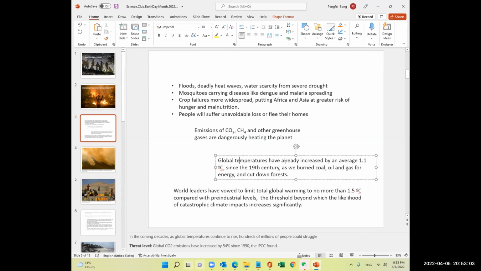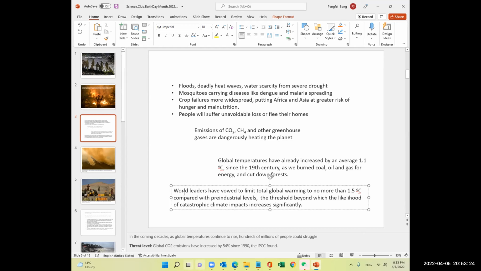So, like I said earlier, the global temperature has already increased by 1.1 degrees Celsius compared with the early 19th century. And that's all because of the burning of fossil fuels and also removing the trees from the forest.